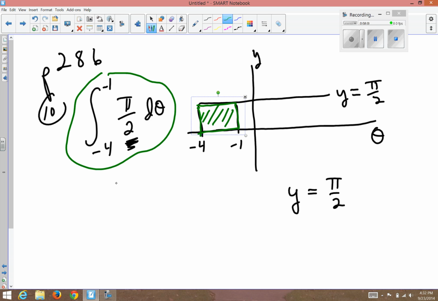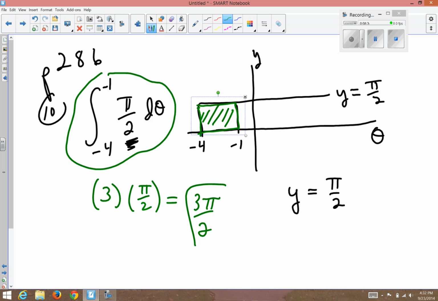So the value of this is the base of the rectangle, which is -1 minus -4, which is 3, times the height of this rectangle, which is pi over 2. So the answer to exercise 10 is 3 times pi over 2. That's that. All right, next one we're going to do is number 14.